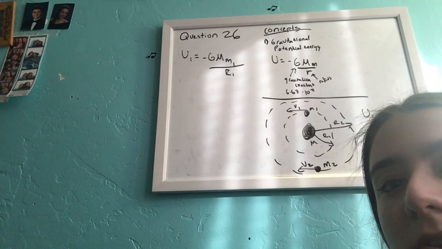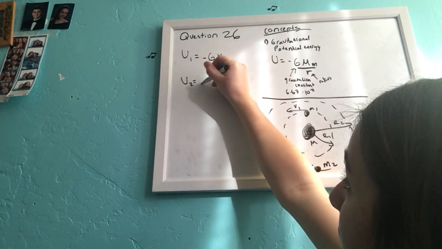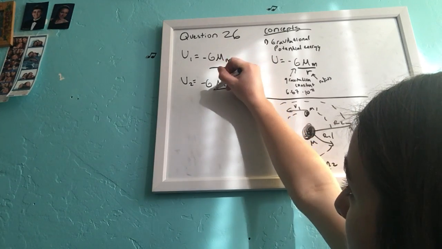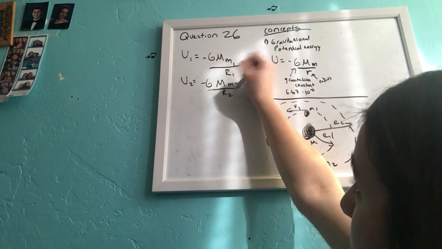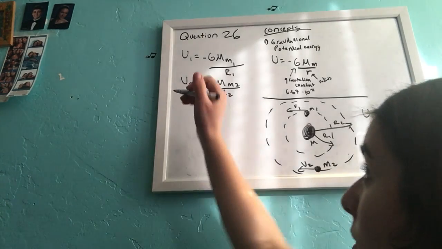And then for U2, it's going to be negative G M M2 over R2. And then it wants us to divide it, so we're going to divide it.